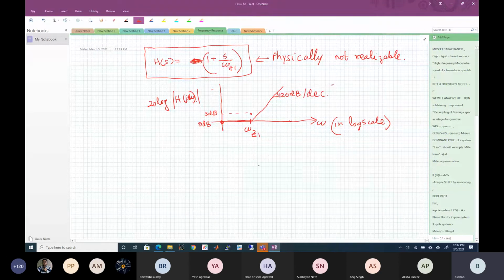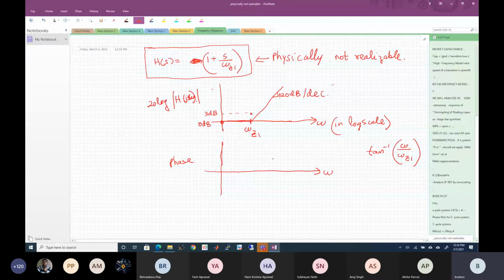Let's look at the phase response. Now here the phase response is tan inverse of omega by omega z1. We have said that if it is in the left half plane, that means omega z1 is positive, right? So I will get a phase of 0 degree at 0 frequency, and 90 degree at infinite frequency.